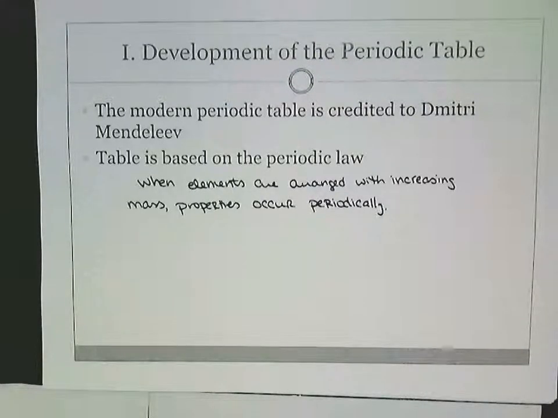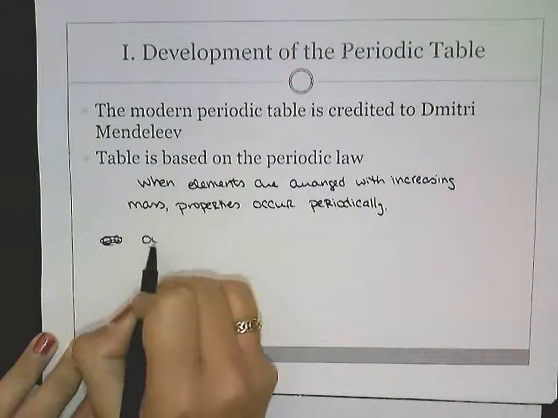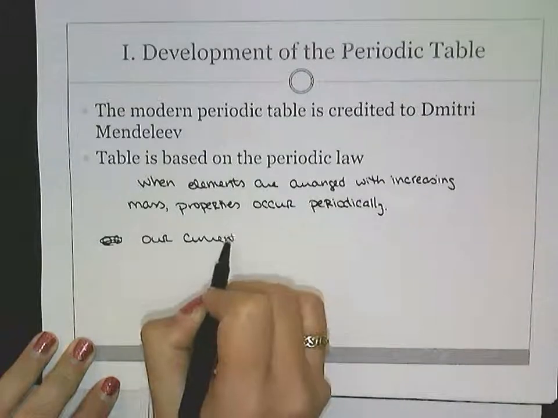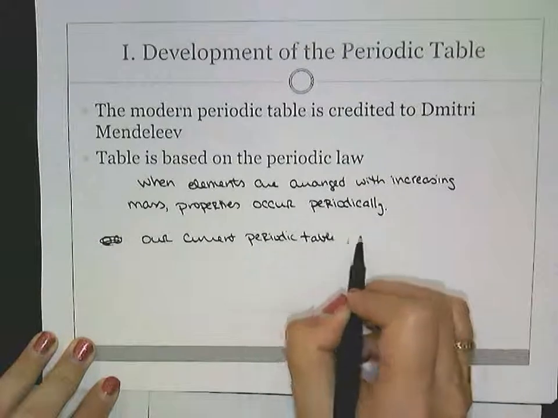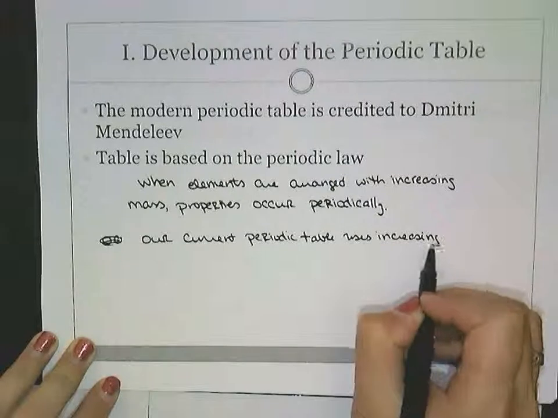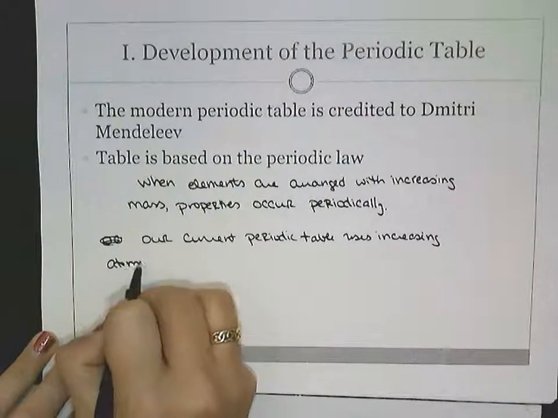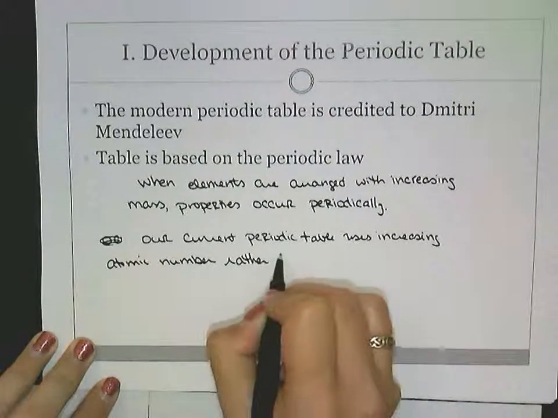Is our current periodic table based on mass? No, what's it based on? Atomic number. Atomic number tells you the number of protons. So our current periodic table uses increasing atomic number rather than mass.